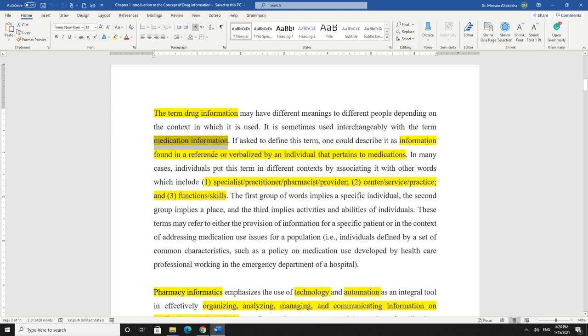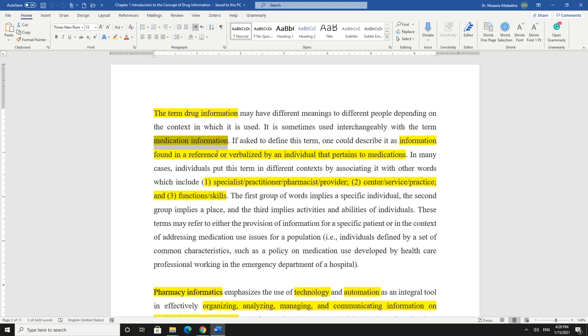Not only am I talking about a drug, but I'm talking about the whole therapy, the whole healthcare provision to the patient. So it includes maybe even what is the best treatment, what is the condition of the patient, etc. So it encompasses a wider range of information. But when I say drug information, it sounds a little bit narrow.